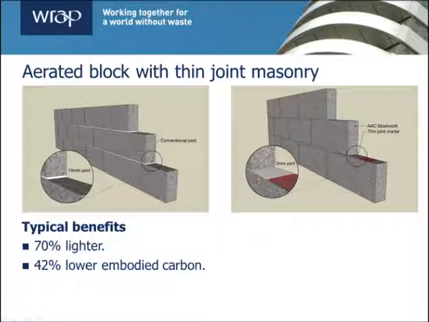They also have 42% less embodied carbon than standard blocks of equivalent size. As these blocks can be laid with thin joint mortar, the amount of mortar used can be reduced by up to 80%, delivering further embodied carbon benefits and setting much quicker than conventional fat mortar joints. The modest extra cost of materials is offset by reductions in construction time and reduced costs of waste disposal.